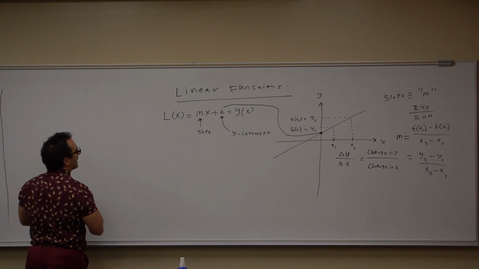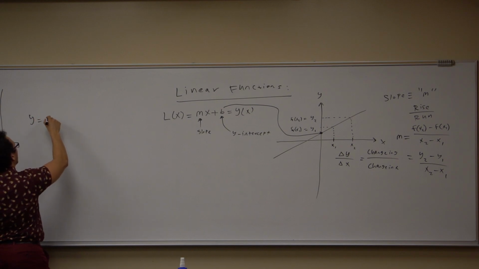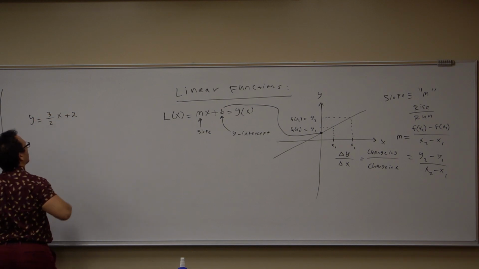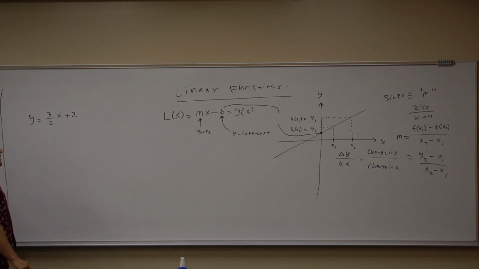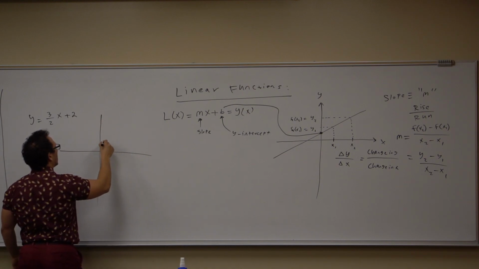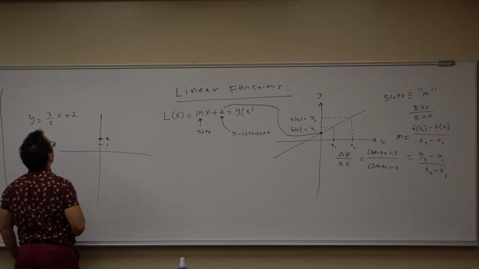Okay? Let's take the line y is equal to 3/2 x plus 2. Clearly, this is going to be a line in which it touches the y-axis at 2. There's a 2, there's a 1.